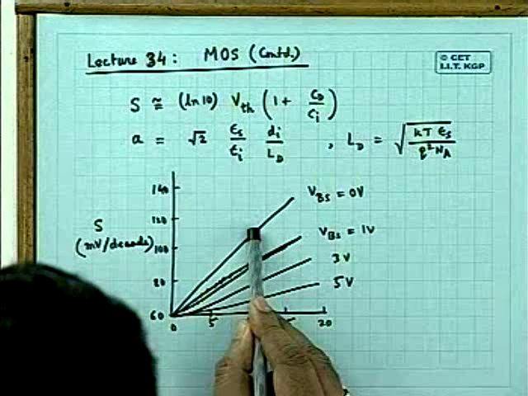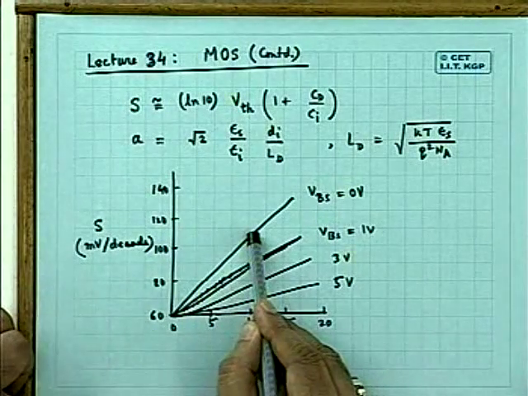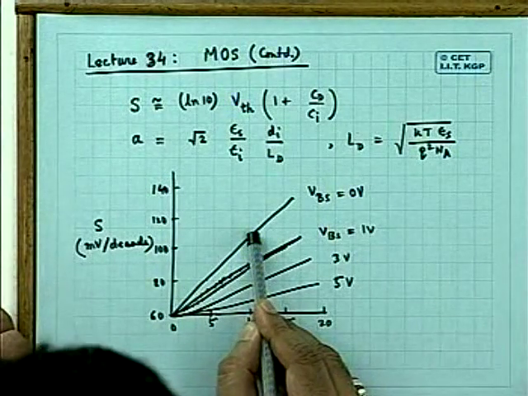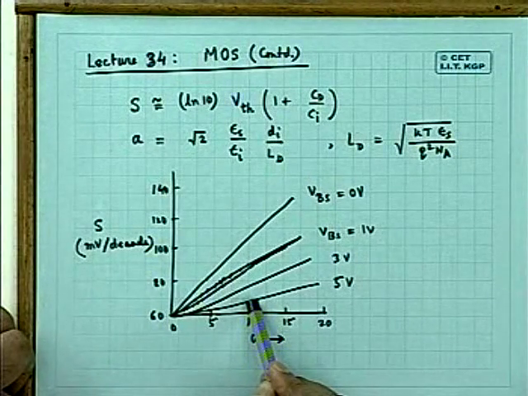For the same value of A, which is 10, you see that for VBS 0 volt, it may be around 100 millivolt per decade. Whereas for 5 volt, it gets reduced to about 70 millivolt per decade or 60 millivolt per decade, in that range.